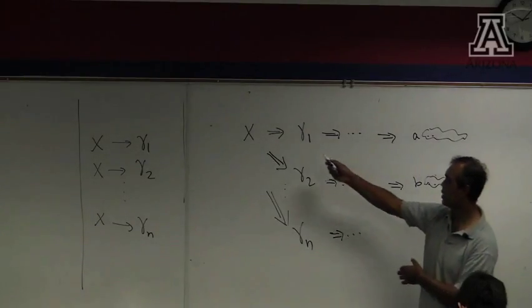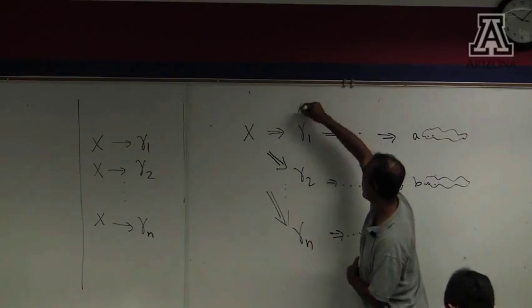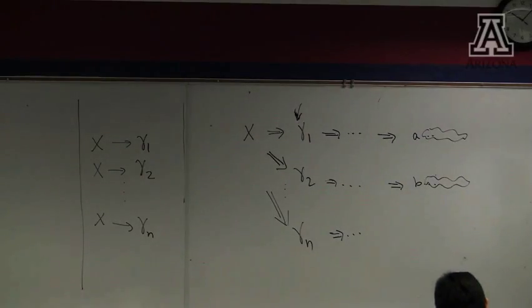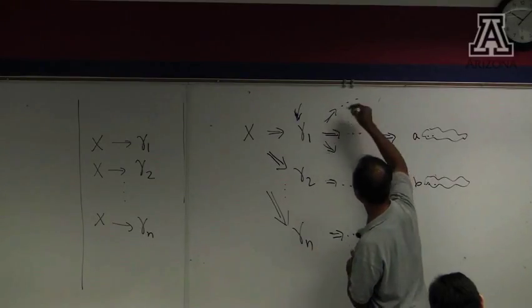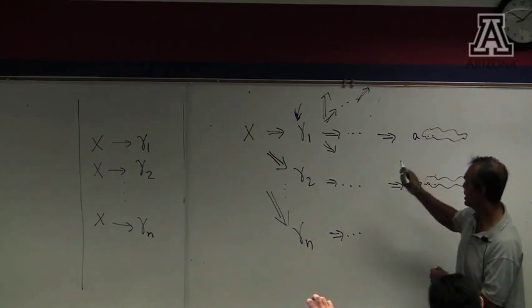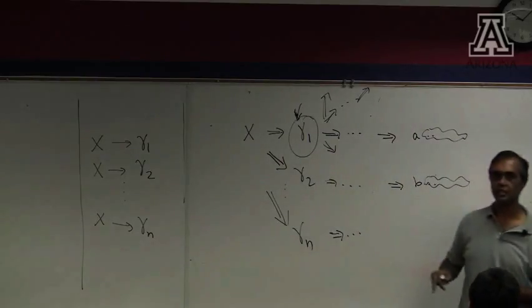What can I say about the first thing that could show up in the leftmost position for this derivation sequence? It's A? Yeah, okay. But maybe gamma 1 goes off in some other tangent too, and that could go off somewhere else. So what can I say about the leftmost token that could show up if I take this derivation step?